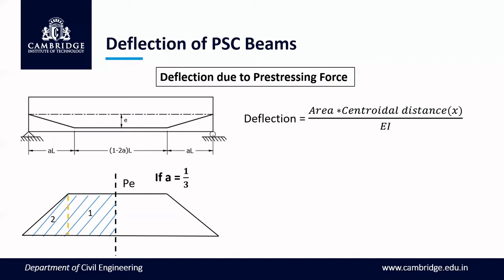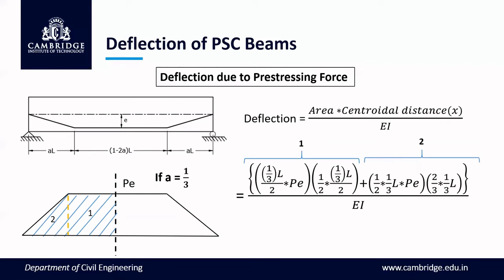If it is divided so, then it is easy to find out the area and the centroidal distance along with the rectangle and the triangular area. If A is equal to 1 by 3 is considered, then we would get the value of delta to be equal to 11 PEL square divided by 216 EI.